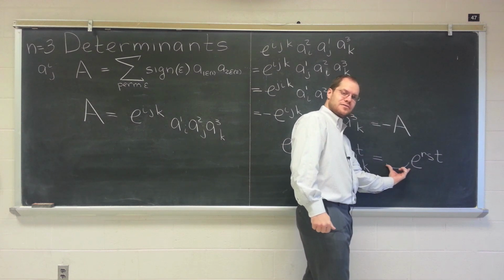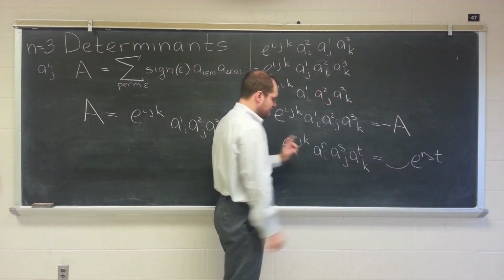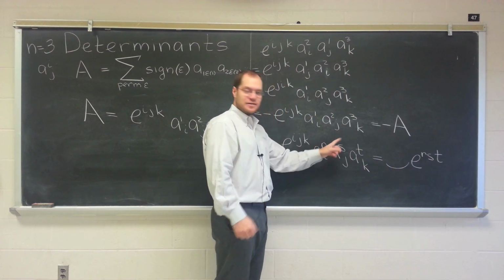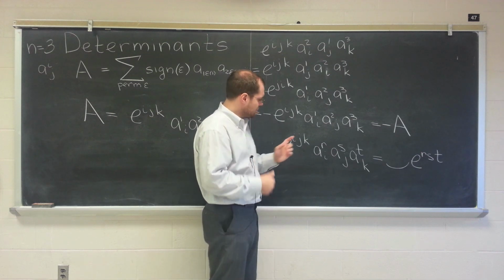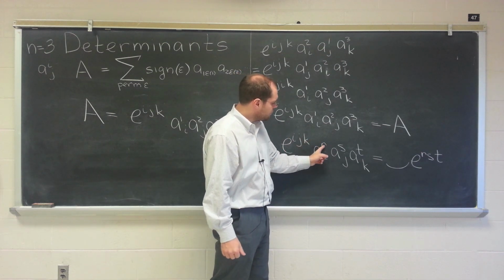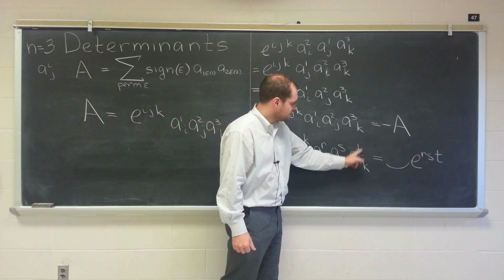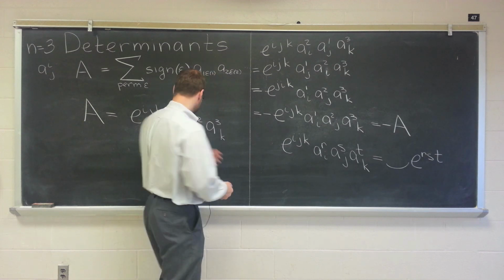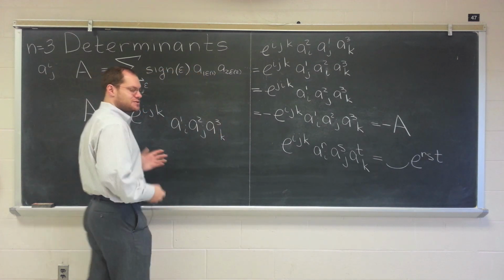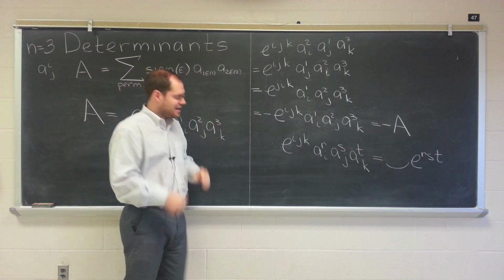This value is the value that we would get if R, S, and T had values 1, 2, and 3. When we plug in 1 for R, 2 for S, 3 for T, what we get is, by definition, A. So that constant is A.